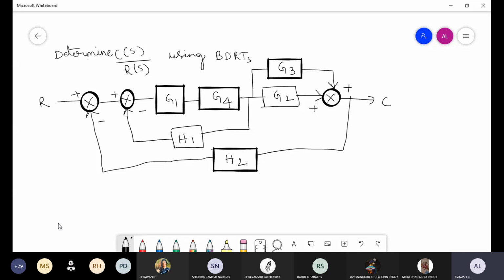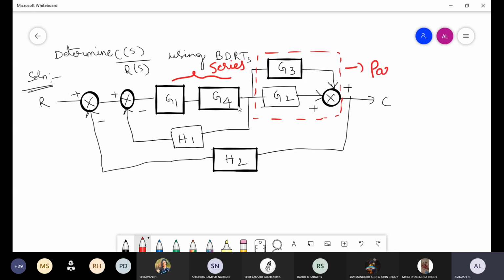Once you take the question, in the answer, once again you write that block diagram, then write the solution. So you see here, these two things are in series, correct? When you consider these two, another G2, G3 block to a summing point, these two are in parallel, correct?